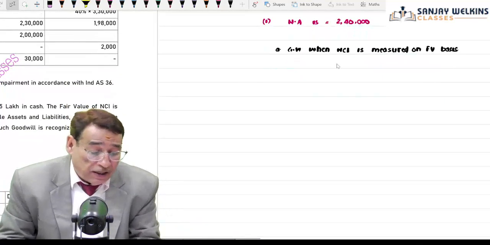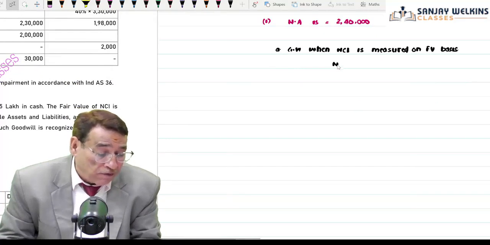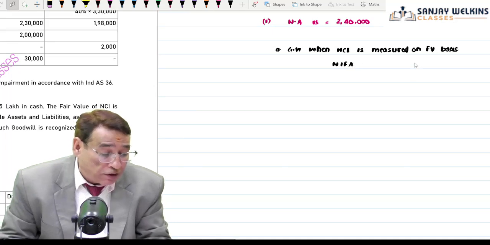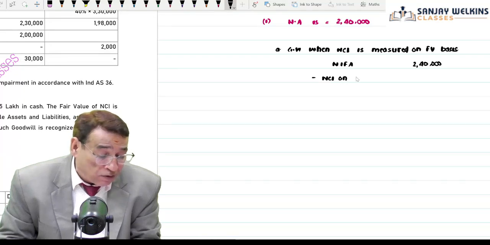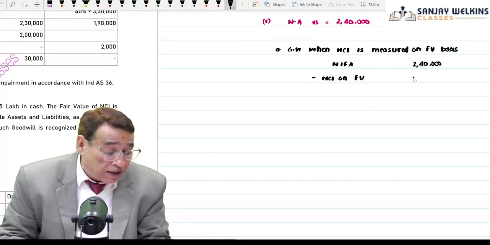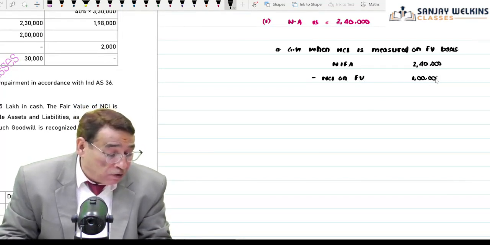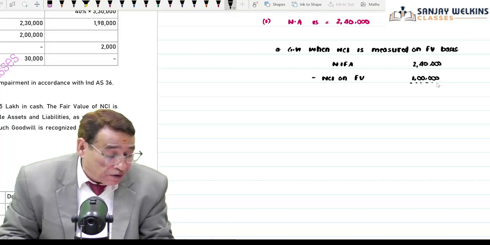First you write the net identifiable assets, NIFA, which is given to you as 2,40,000. You simply write here 2,40,000. Subtract NCI on fair value basis. NCI on fair value is already given, 1 lakh, in the question. So you are left with 1,40,000.